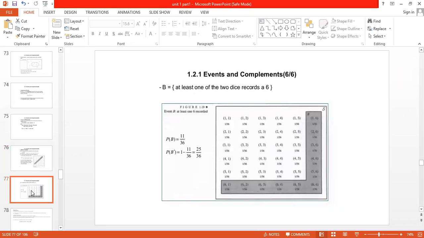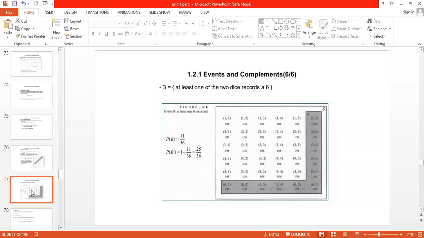Okay. Similarly, you see this case, here we are checking that at least one of the dice has the value equal to 6. When you throw 2 dice, at least one die should give the value 6.